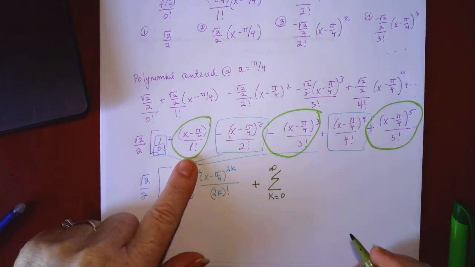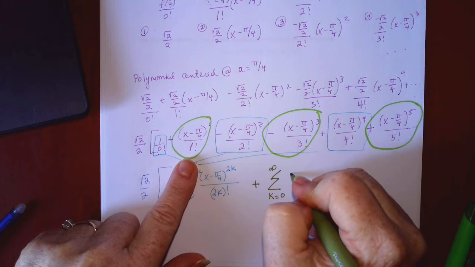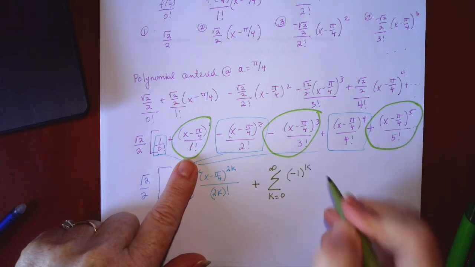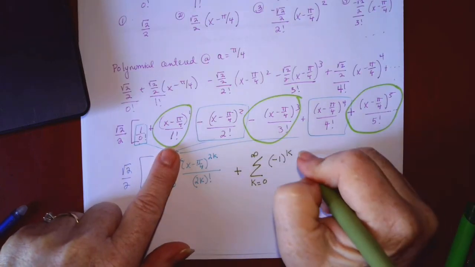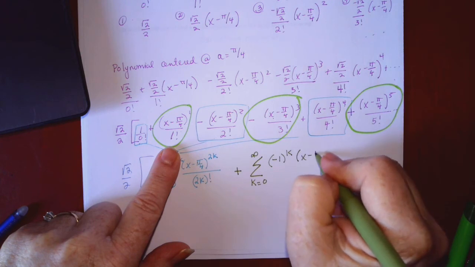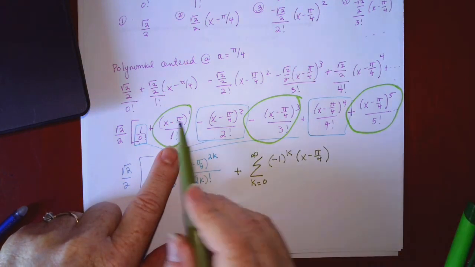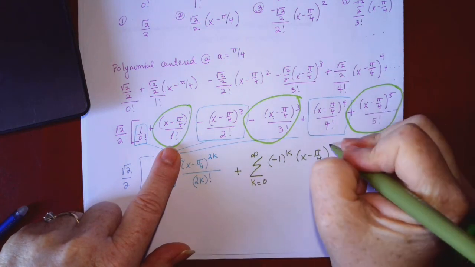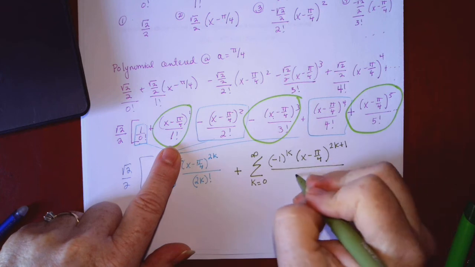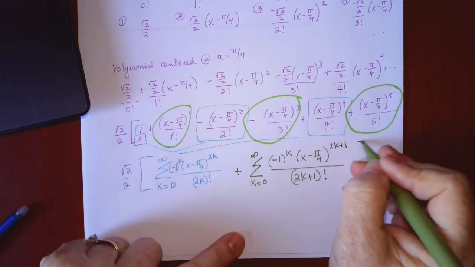I want the first one to be positive, the second one to be negative, third one to be positive. So once again, since I'm starting at 0, I'm going to call this negative 1 to the k. And the powers to which x minus pi over 4 is raised would be the first, third, fifth. So that'll be a 2k plus 1 over 2k plus 1 factorial.